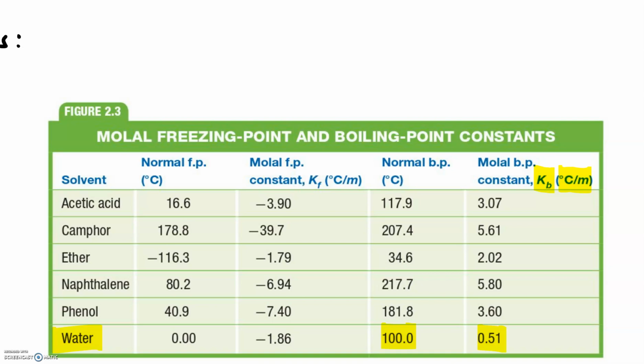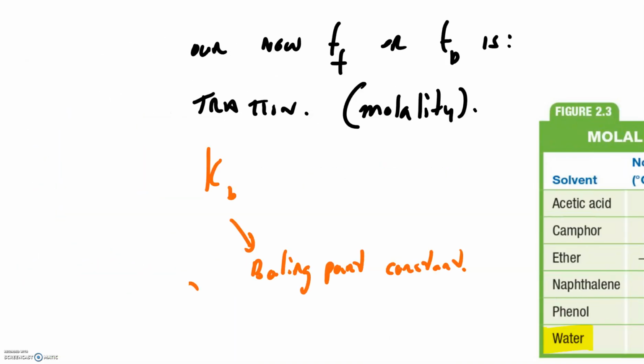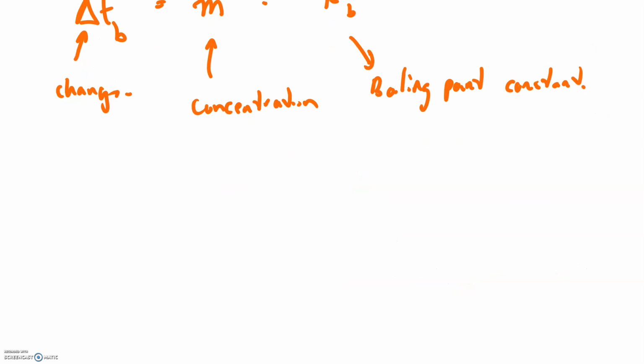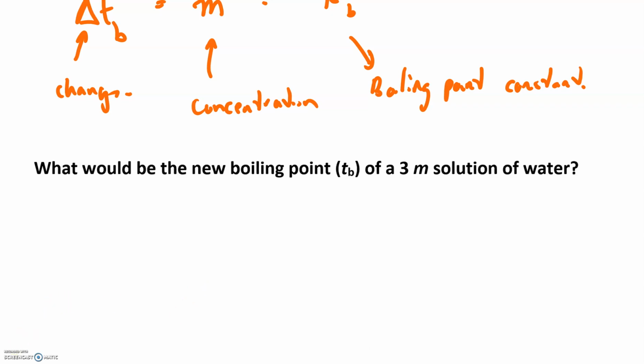So let's try one of these. Let's use this molal boiling point constant for water. So here's the kind of thing you could expect me to ask. This says what would be the new boiling point of a 3 molal solution of water.